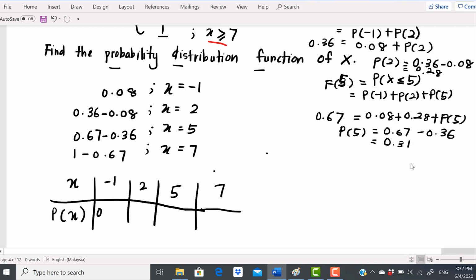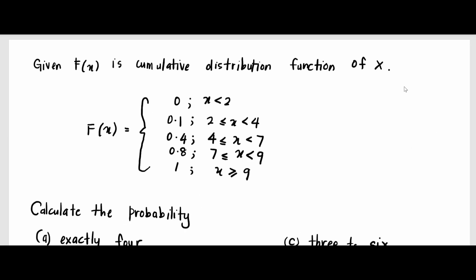For -1 it is 0.08, for x equal to 2 it is 0.36 minus 0.08, then we get 0.28. For x equal to 5, we have 0.67 minus 0.36, and we have 0.31, and for 7, we have 0.33. So this is our PDF table.